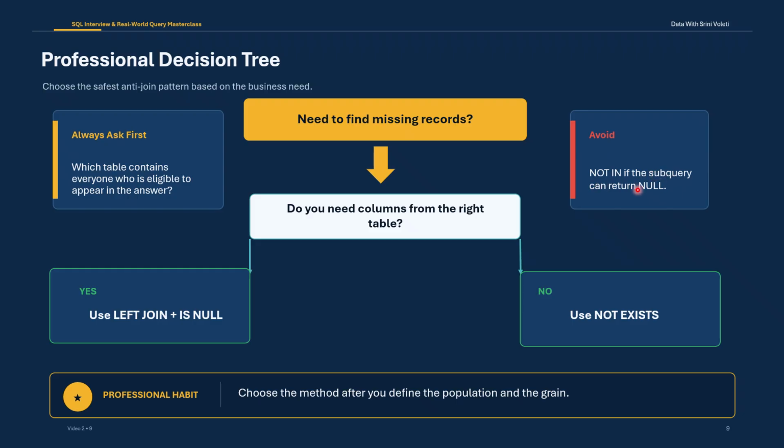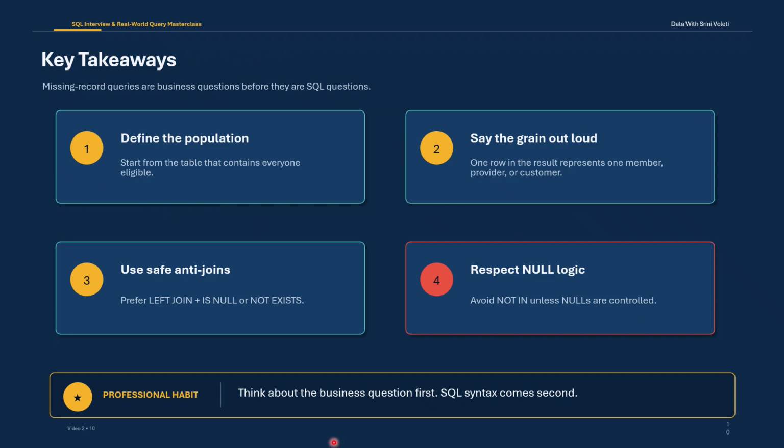Third, use safe anti-join patterns. Left join plus IS NULL and NOT EXISTS are reliable professional defaults. Fourth, respect null logic. NOT IN can fail when the subquery contains null.